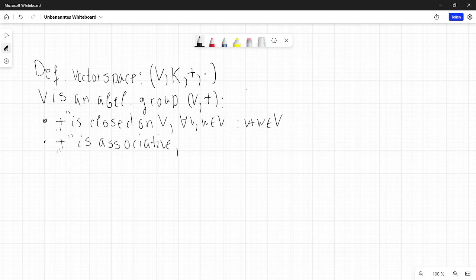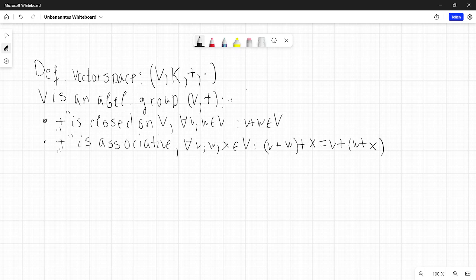And that means that for all v, w, x in V, we actually get v plus w, plus x, is the same as v plus w plus x. And here I have noticed that I have forgotten something very important.